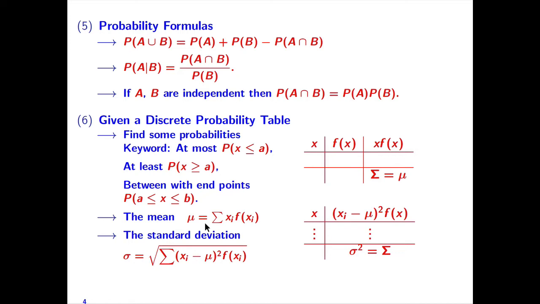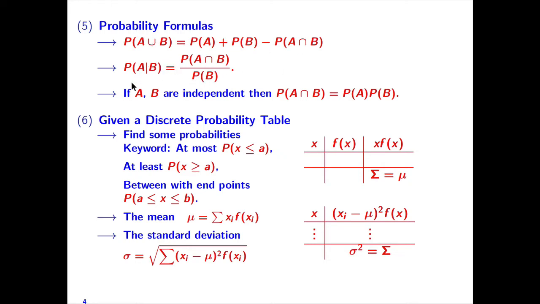Number 5 on the list is some basic probabilities, and we use this addition law to compute the probability of A union B, which is equal to probability of A plus probability of B minus probability of A intersect B. And the keyword will be OR.